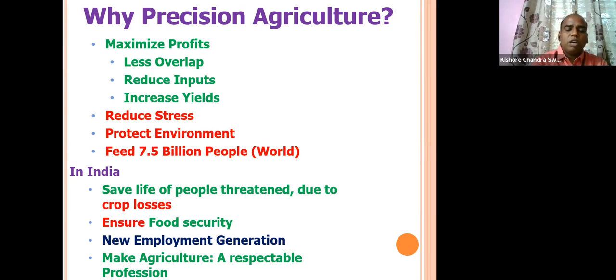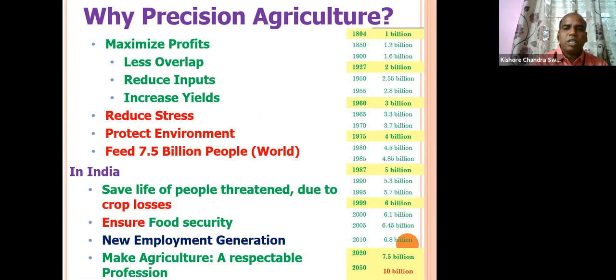If you talk about manual transplanting, and you use mechanical transplanters, more persons will feel open to take agriculture as a profession. And with this, precision agriculture can help a lot in this direction.